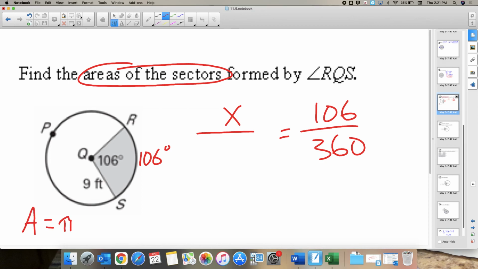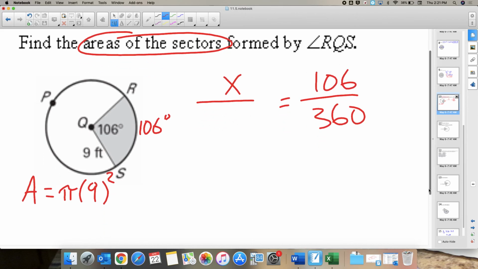Area equals pi times, in this case, 9 squared. 9 squared is 81 times pi. So we get 254.47.